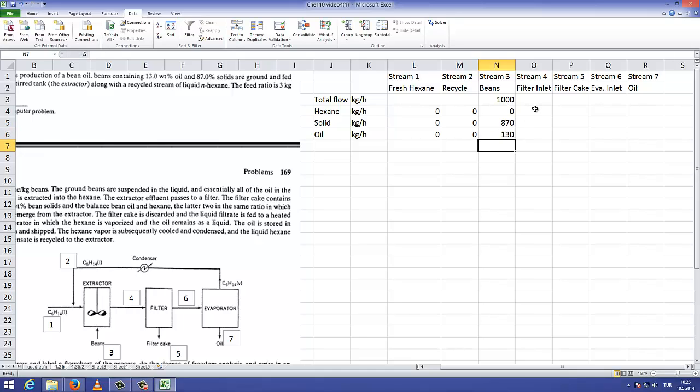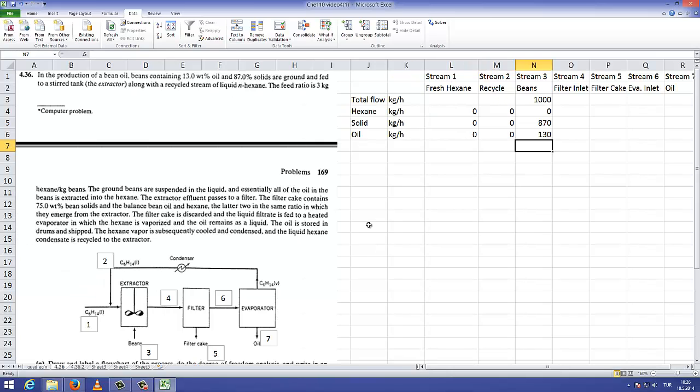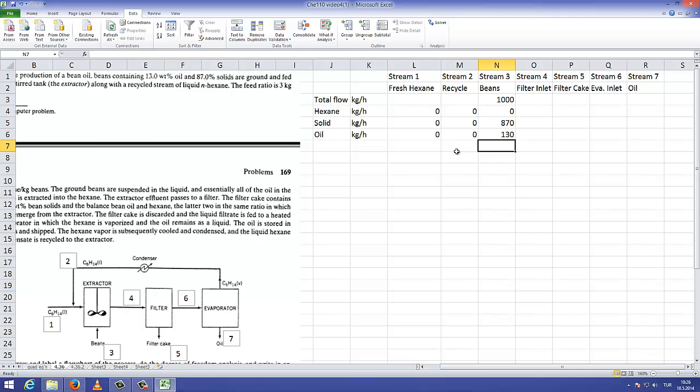Also, the question clearly states that the feed ratio of the hexane, I mean 2 plus 1, is 3 times the beans. Since I have decided to solve this by Solver, I decided to solve it by changing the recycle total flow.